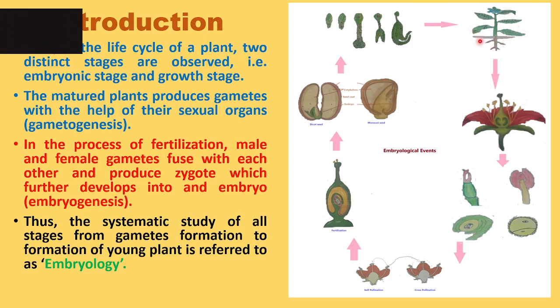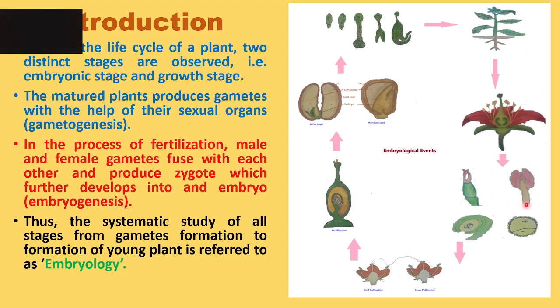Here you can see a mature plant with well developed roots, leaves and stem. On this plant you can see a flower, and this flower contains gametophytes, male gametophyte and female gametophyte. Here you can see the stigma, and this part is known as the anther.